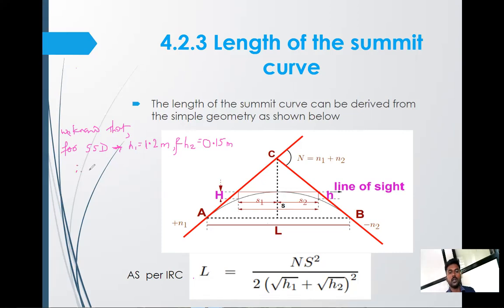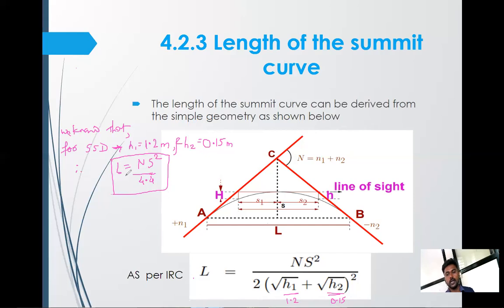Therefore, the formula will become L is equal to N S square divided by 4.4. If I put 1.2 meter instead of H1 and 0.15 instead of H2 and calculate, it will become 4.4.